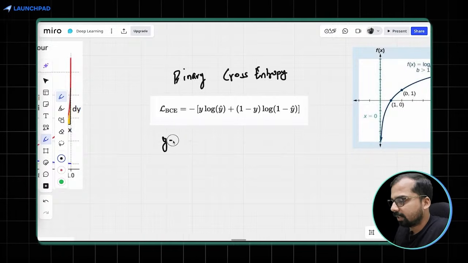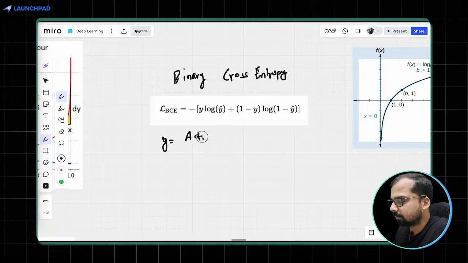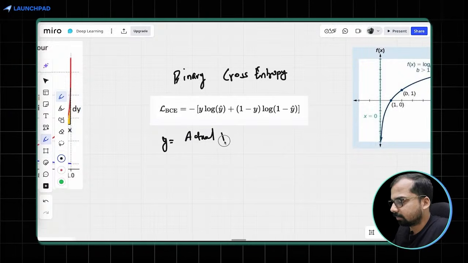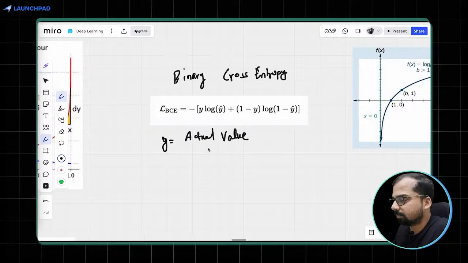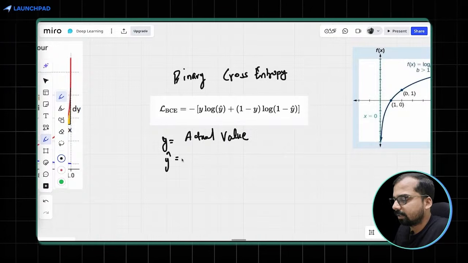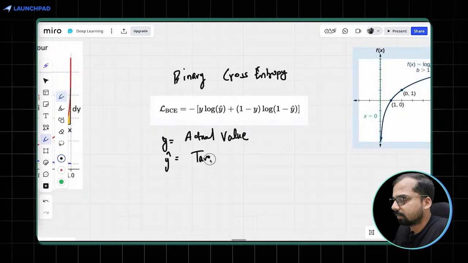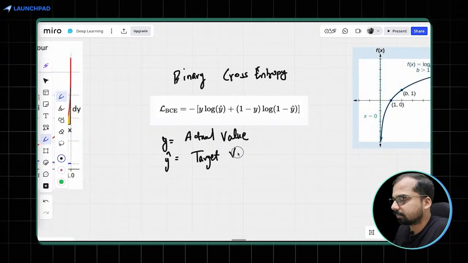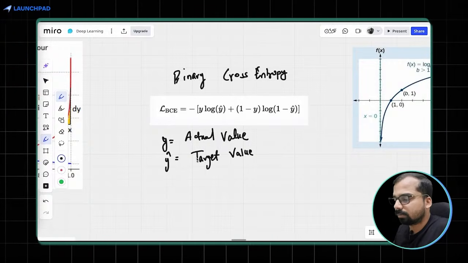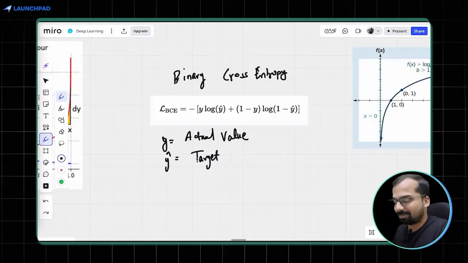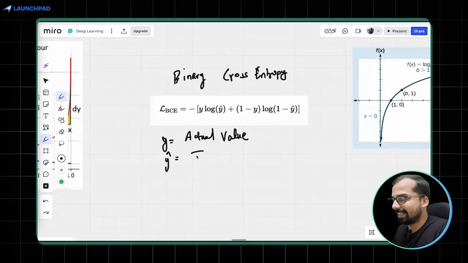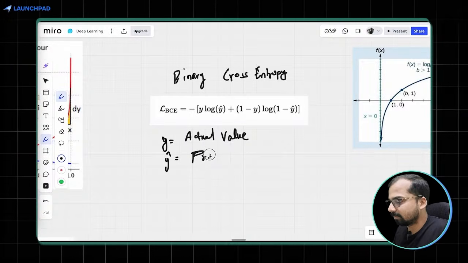Here y is your actual value, and y hat is your predicted value.